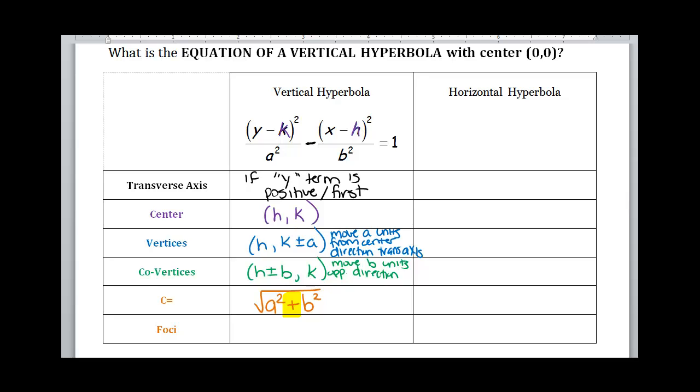And so if it wasn't always the biggest and we subtracted these like we did in an ellipse, you might end up taking the square root of a negative number, which would not be a real solution. And of course we want a real solution here. So in a hyperbola, we're going to add a squared and b squared and then take the square root to get c. As far as what you do to get your foci, we're still vertical, so we still want to move up and down c units from our center.